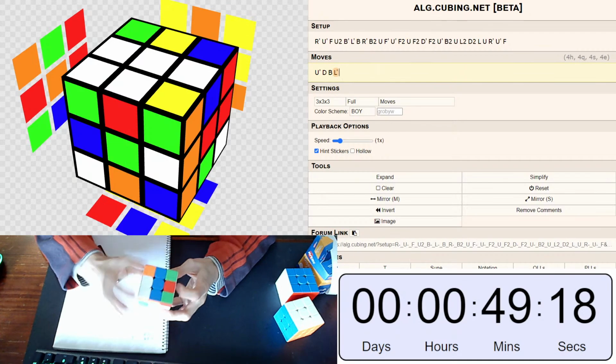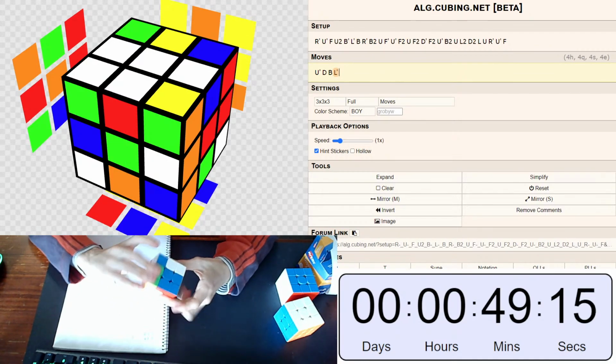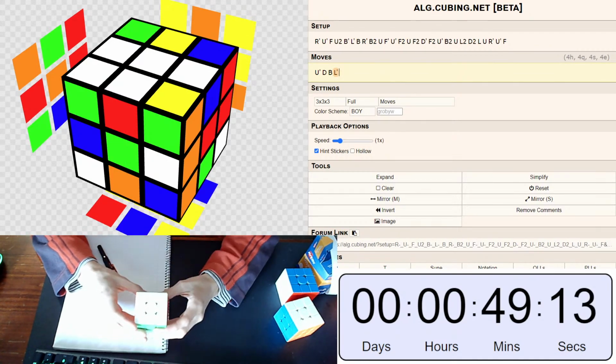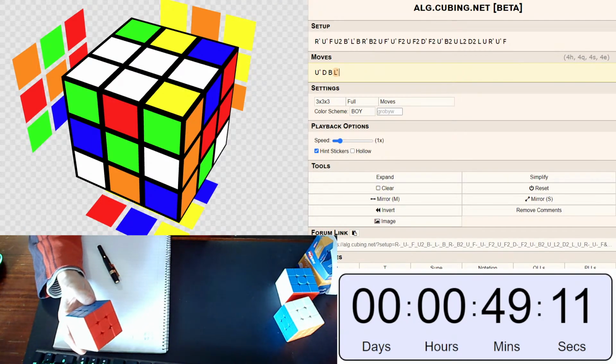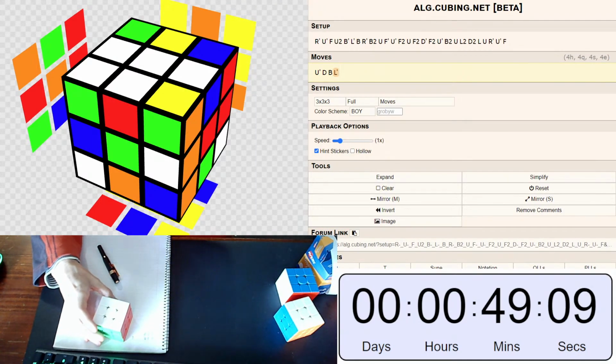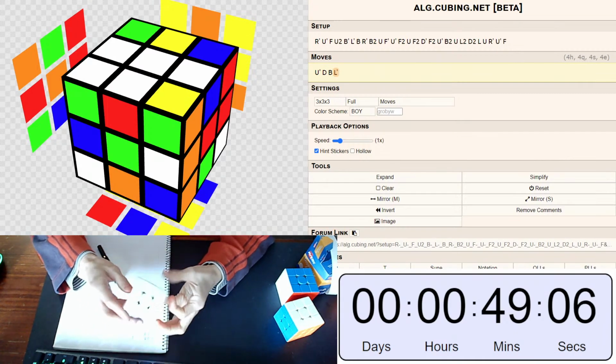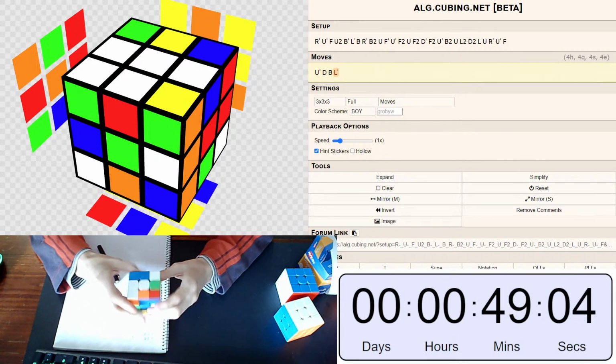So everything but 5 corners. That's probably not very efficient, so what I'm going to do is I'll write down that domino reduction as a backup.